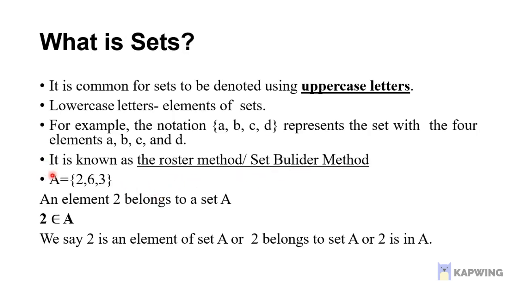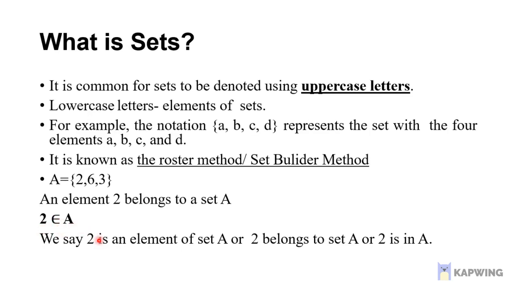Suppose we take an example: A is a set which contains the elements 2, 6 and 3. We'll say 2 belongs to set A. We have denoted it here with the belongs to sign.